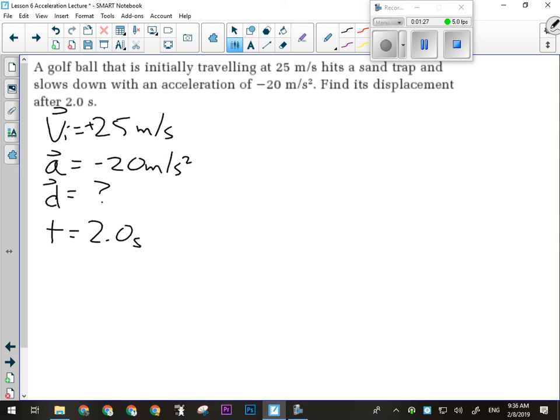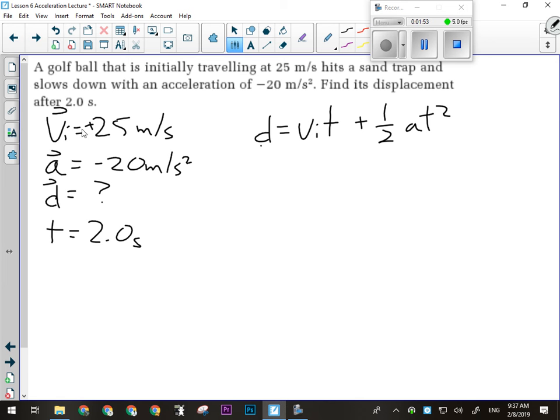One of the first 2. Nope, no, it's not one of the ones we did yesterday. Sorry, one of the first 2 in the list in your notes. Okay, I'll write it down. It's this one. VI times T plus 1/2 AT squared, right?